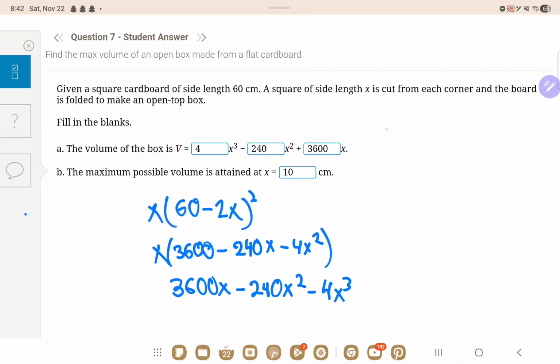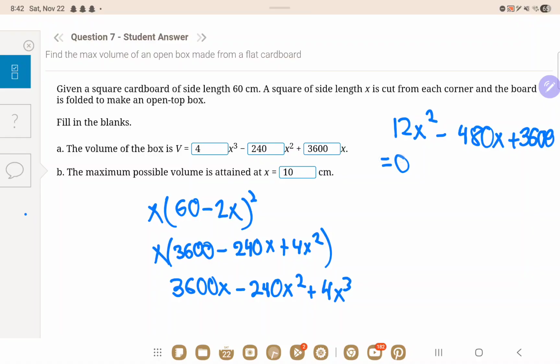Then you get negative 12, or this is positive, sorry, because it's minus first then plus. So you get 12x squared minus 480x, and then you do plus 3600.